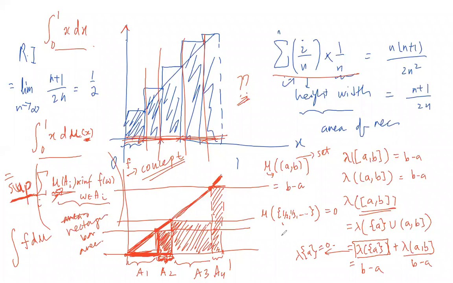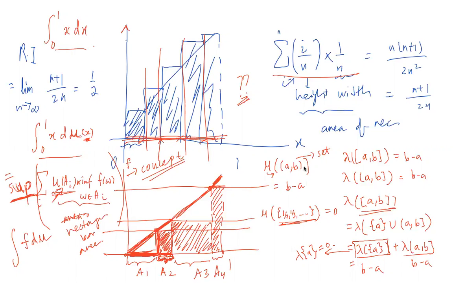If you have a countable set, it doesn't matter. Your countable set is basically a countable union of singletons, and each of the singletons here has 0 measure. So the measure of a countable set is definitely 0.